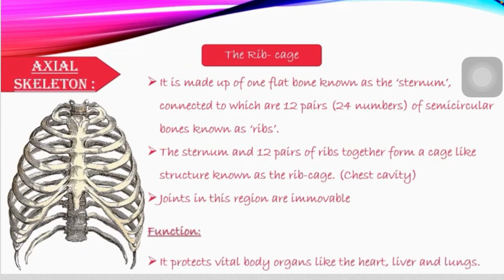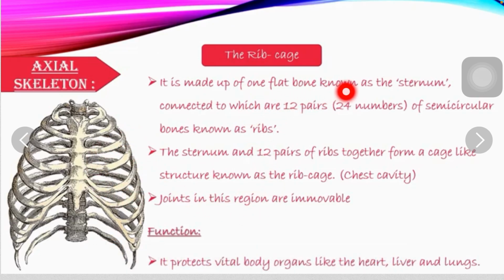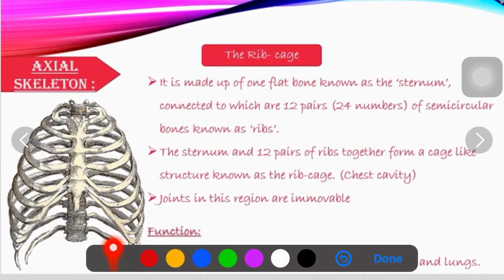Next axial skeleton consists of the rib cage. Students, the rib cage is made up of one flat bone known as the sternum, connected to which are 12 pairs, that is 24 semicircular bones known as ribs.